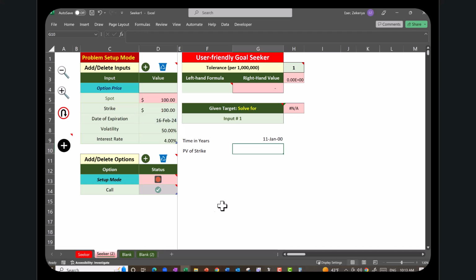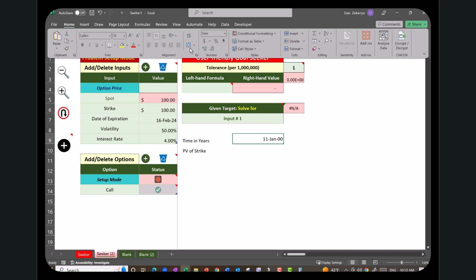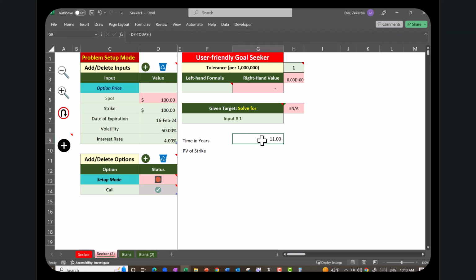Since Excel stores dates as number of days since January 1, 1904 or 1900, depending upon the choice you made. That's 11 days, but I want that in years. So I'm going to divide that by 365.